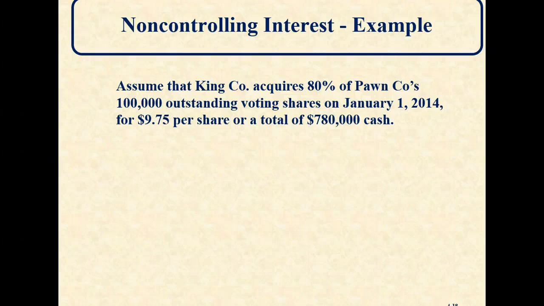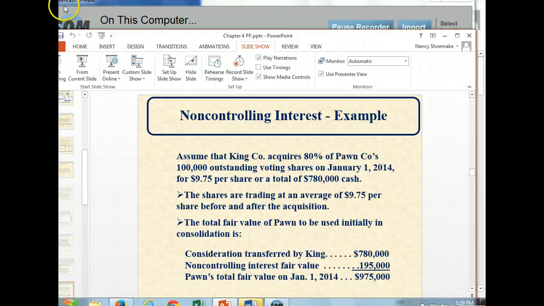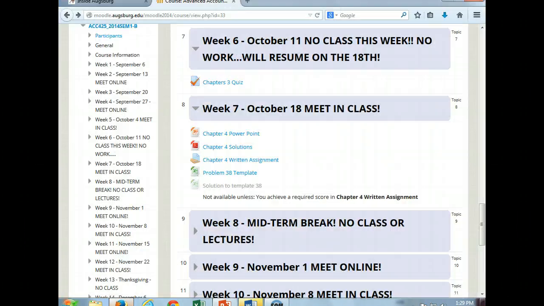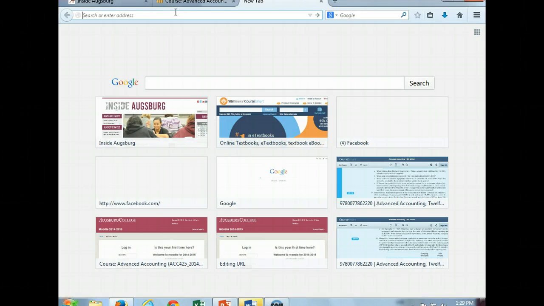This is in your book, and we might take some time to go back and forth because it explains a lot more in the book than it does here in the slides. Real quick, I'm just going to pull up the book.